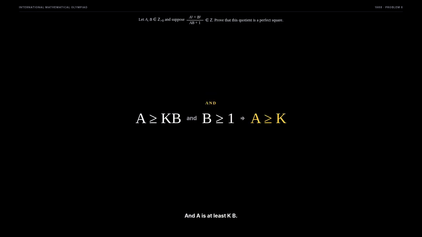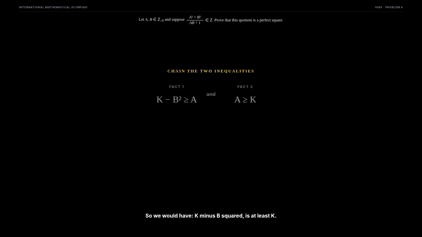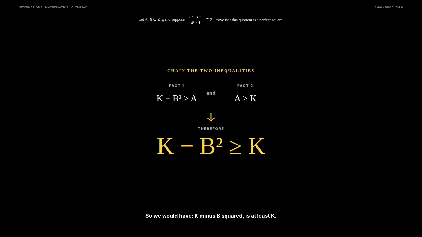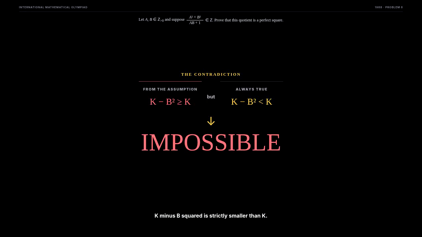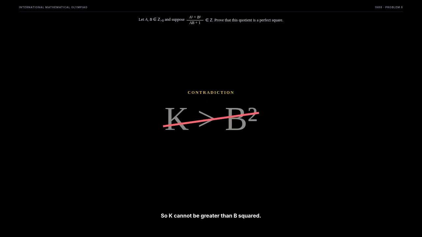And a is at least kb. Since b is a positive integer, kb is at least k. So we would have k minus b squared is at least k. But that is impossible. k minus b squared is strictly smaller than k. So k cannot be greater than b squared.